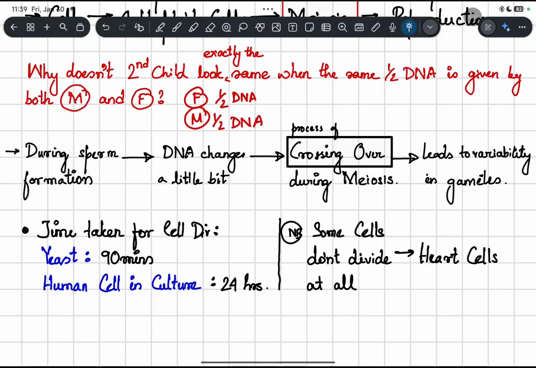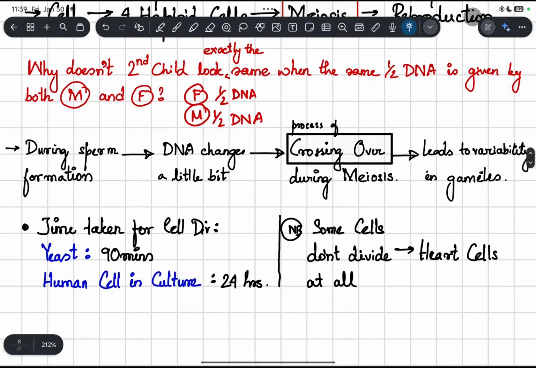So whenever the parents decide to go for their second child, the same half DNA of the father and half DNA from the mother is going there, and the cell of the child is getting formed. So both the children should look identical, right? Should look exactly the same, right?